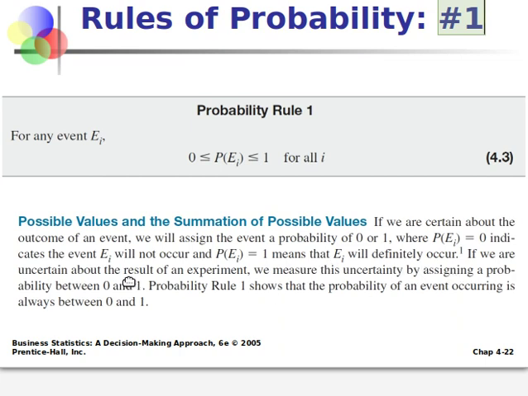If we are uncertain about the result of an experiment, we measure this uncertainty by assigning a probability between 0 and 1. Probability rule 1 shows that the probability of an event occurring is always between 0 and 1, not outside that range.